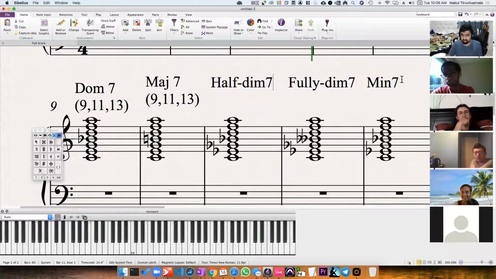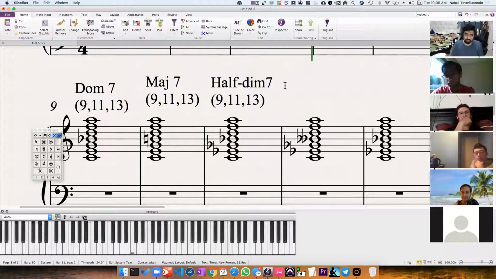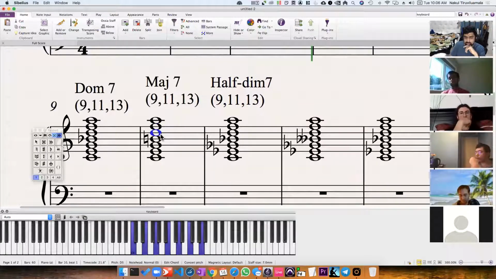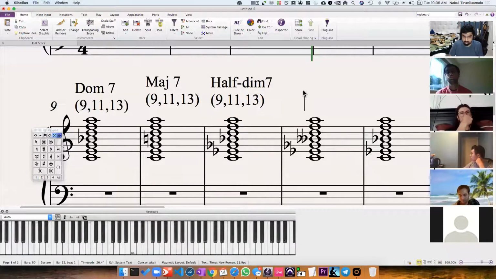All of these would be 9, 11, 13. Because remember, describing these extensions hinges completely on the root of the chord, on the major scale built on the root of the chord. So these notes would be the same extensions irrespective of the underlying 7th chord. So all of these are basically 9, 11, 13 chords.